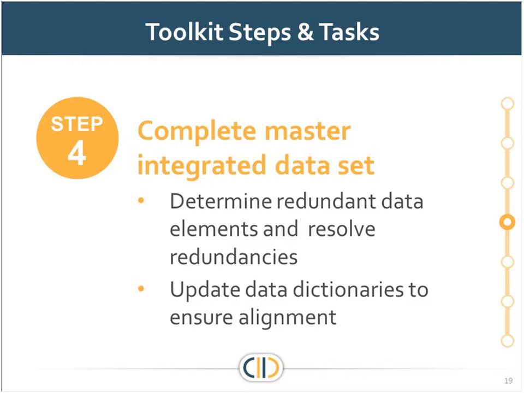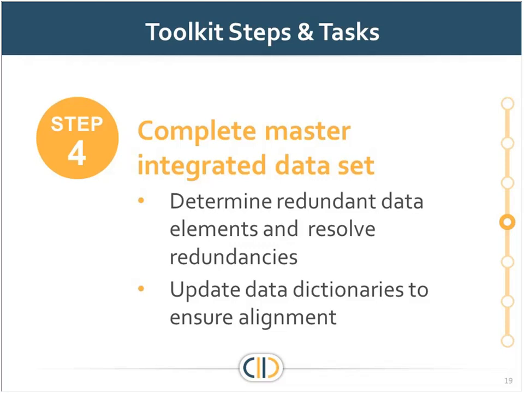Looking at elements that are redundant and making sure that they're represented appropriately within the master data element, as well as making decisions like, say, a code is MF or male-female, what that will look like within the master data set, and what that will look like after the entire set is integrated.